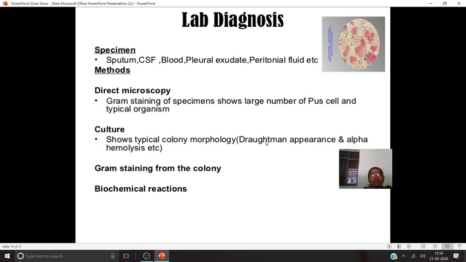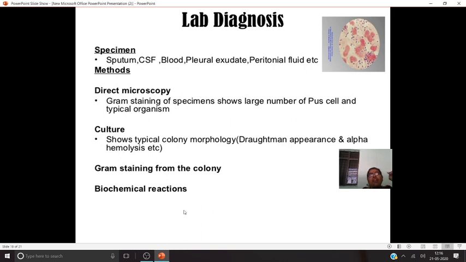We already discussed the biochemical reactions. We see Gram staining from the colony and the biochemical reactions. These two topics I already discussed in the earlier slides: antigenic structure, blood agar, autolysis and hemolysis, then C-reactive protein. All this comes under biochemical reactions.